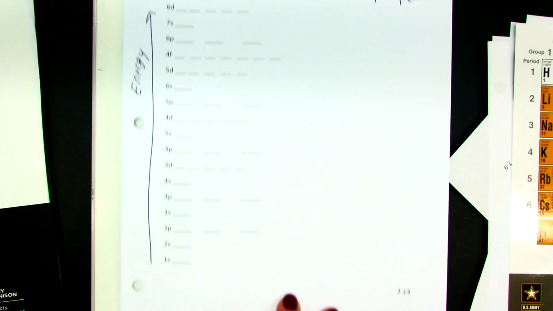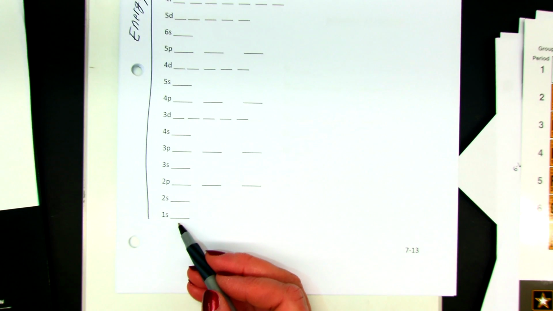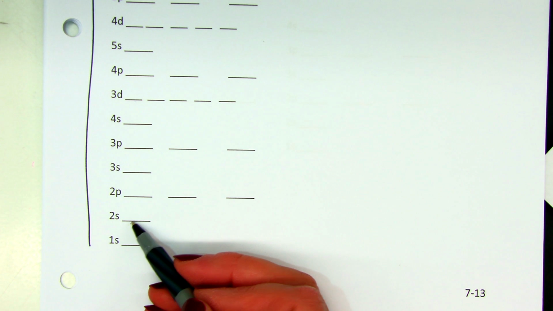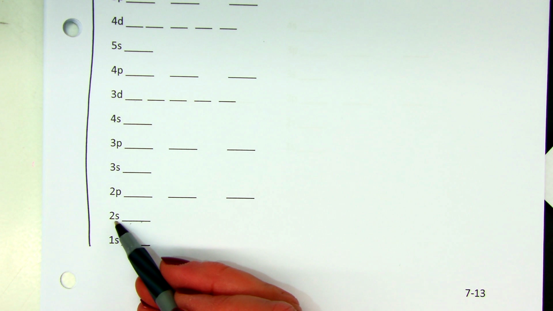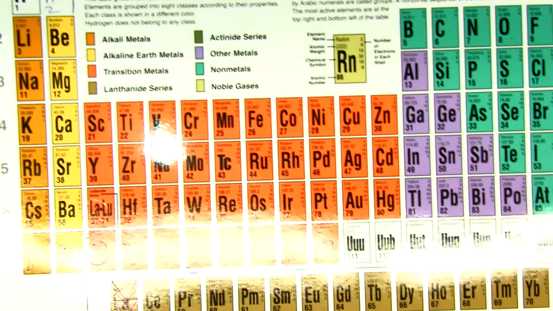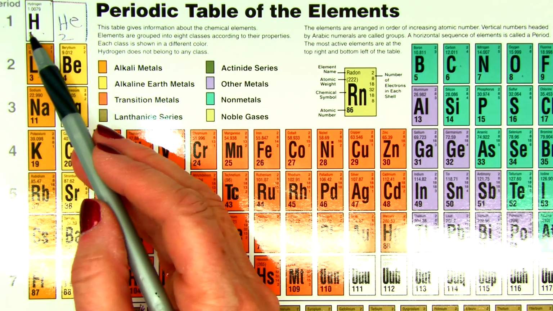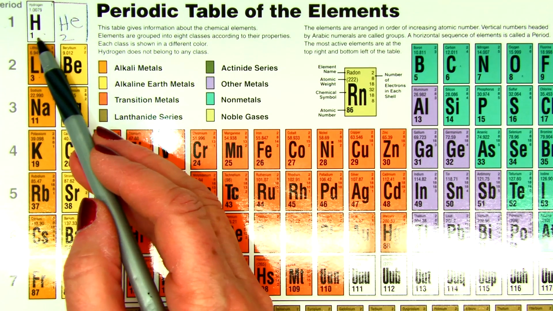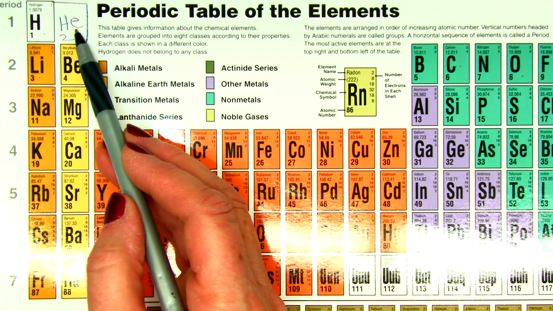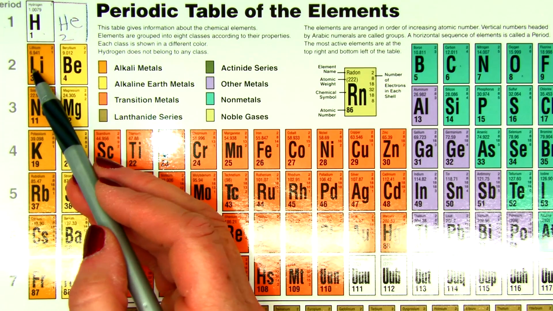As we look at this, I start and the lowest energy is the 1s. Then we go to the second energy level, the principal energy level 2, the 2s, then the 2p. If you look at the chart, this kind of helps you. The first electron is on level 1, in the first two columns, it's 1s. Then we fill the 1s. Then we go to electron number 3, 2s.